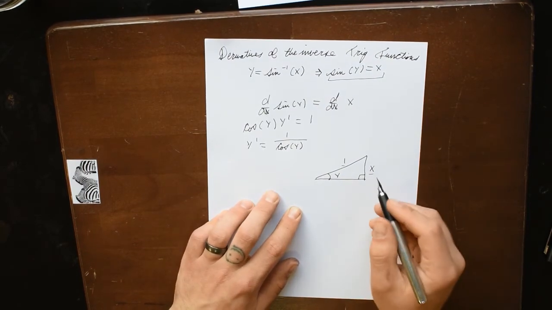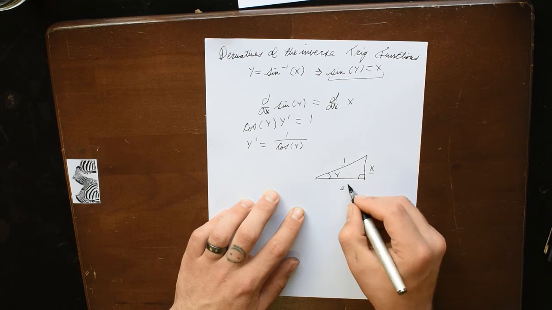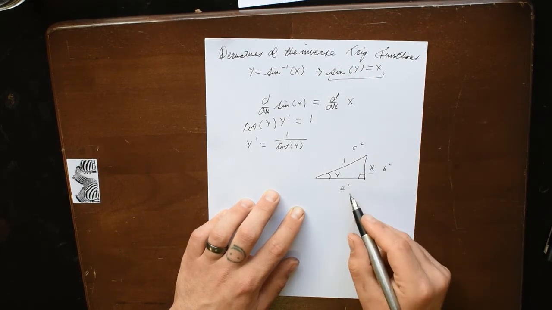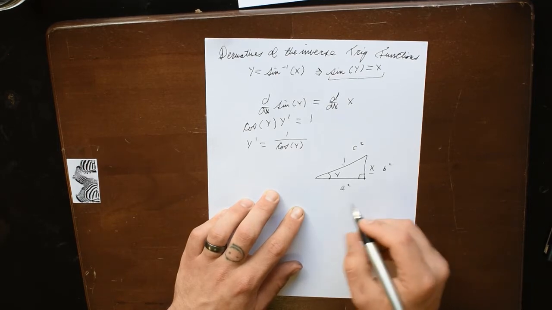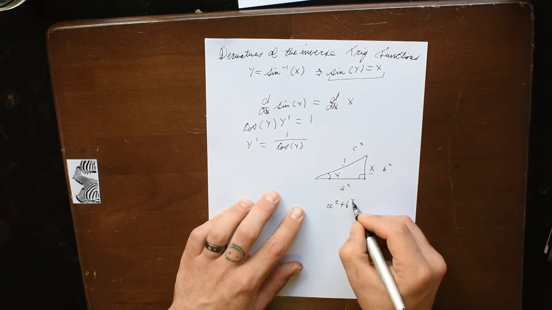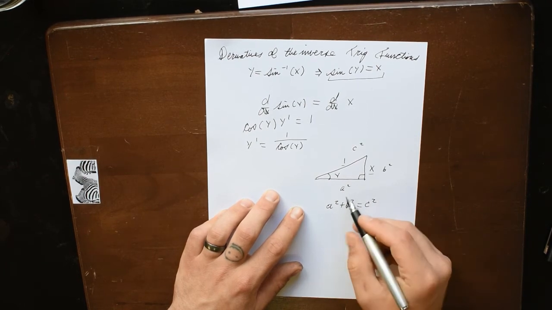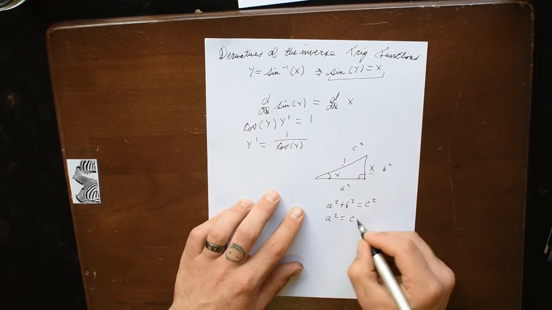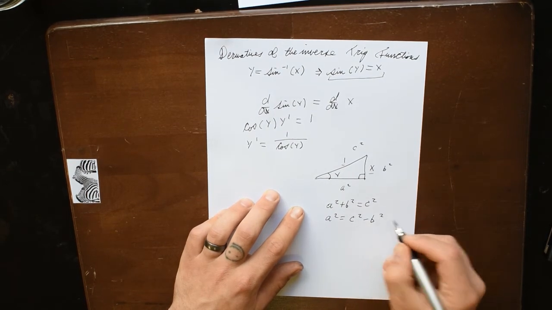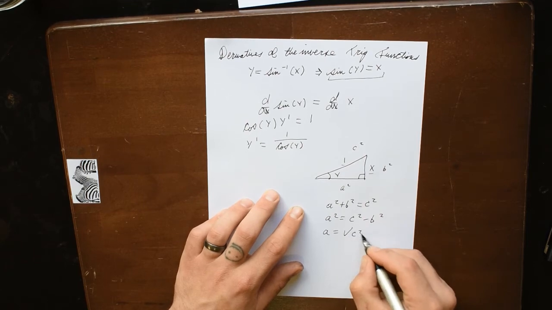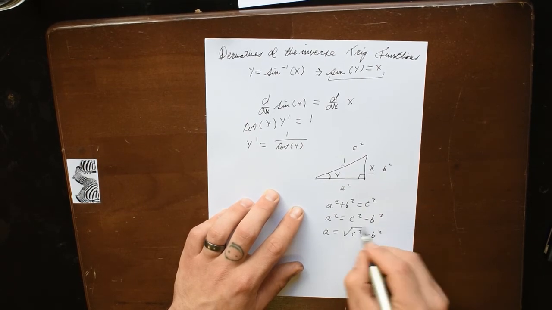We can use the Pythagorean identity, saying that a squared plus b squared is equal to c squared. We want to know the value of a, so that's saying a squared is equal to c squared minus b squared, or a is equal to the square root of c squared minus b squared.